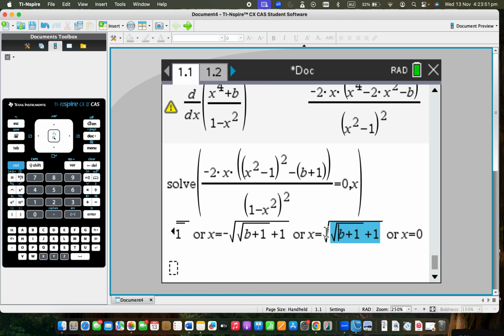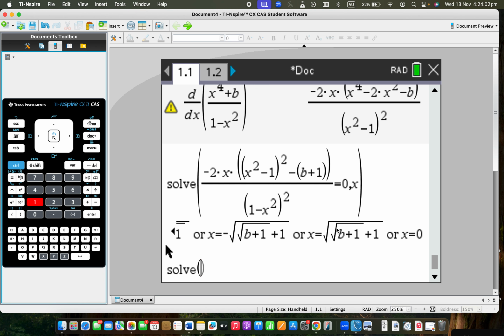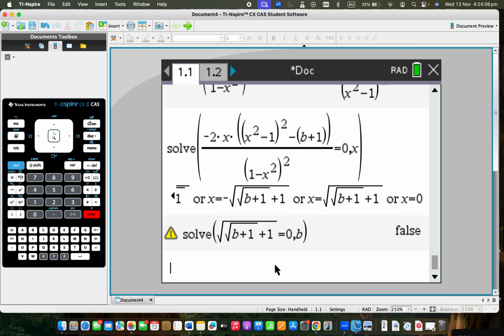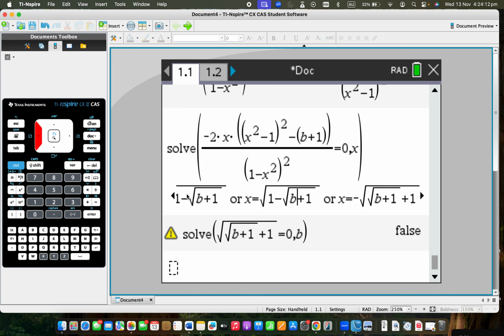Now this can be equal to 0, or this can be undefined. Okay, wait. So this is equal to 0, comma b. It doesn't work. This is the same, it won't work. What about this? 1 minus, now maybe we can solve that.